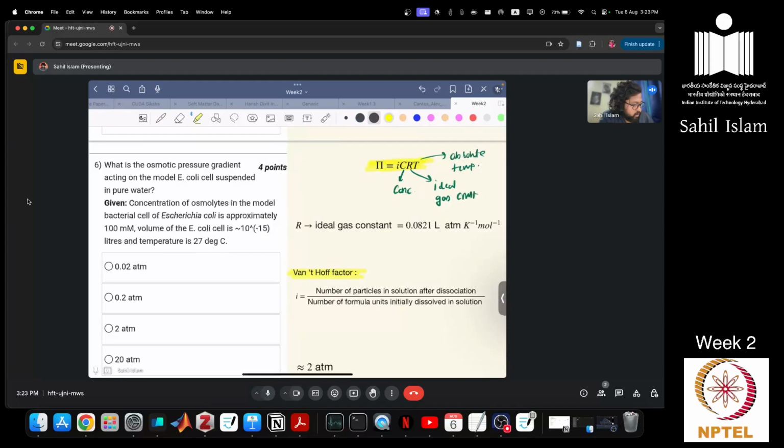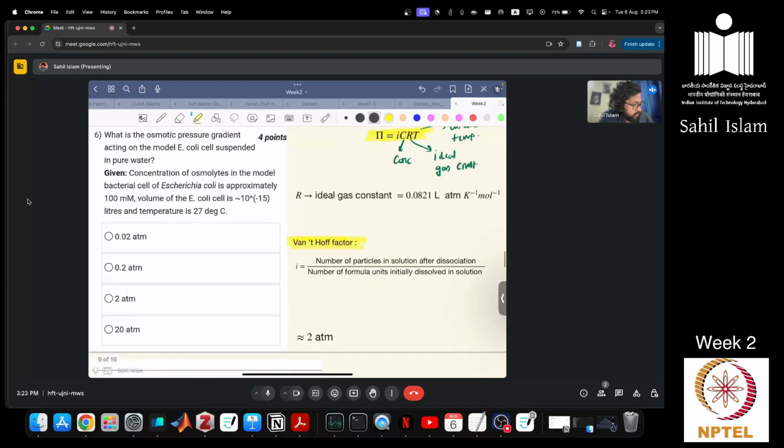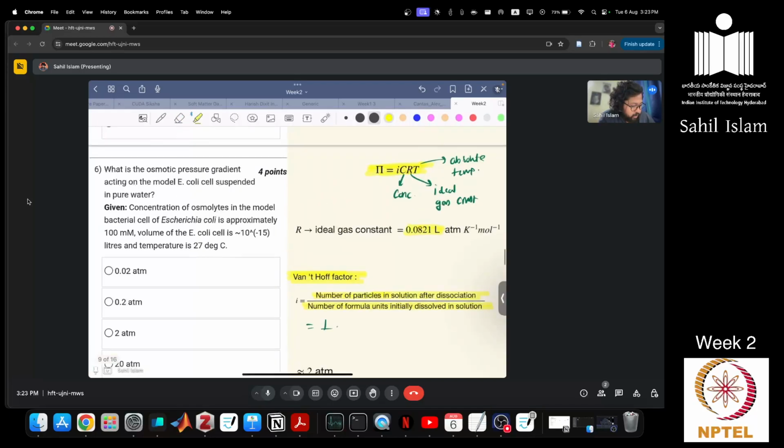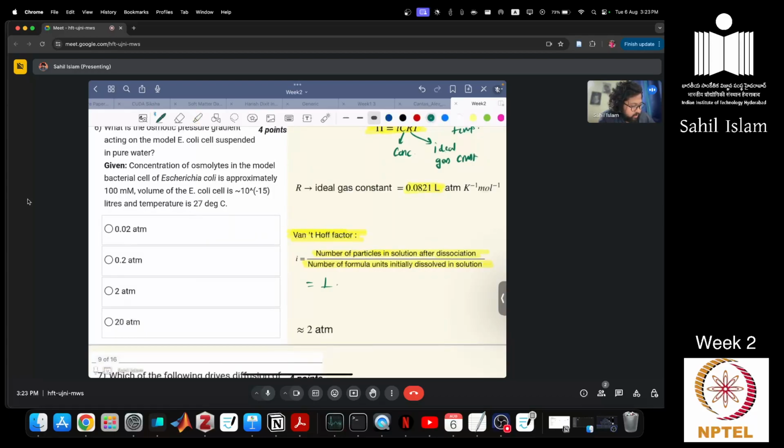It is defined as the number of particles in solution after dissociation over the number of formula units initially dissolved. Usually for non-electrolytes, i is equal to 1, and the ideal gas constant value you all know. If you put all of this together, you can calculate. As far as I remember, I calculated approximately 2 atm.